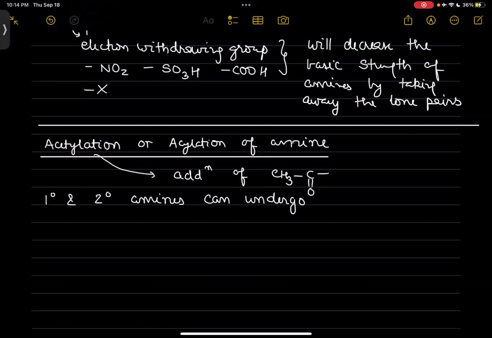Primary and secondary amines can undergo acylation, right? Tertiary amines cannot undergo acylation or acetylation.